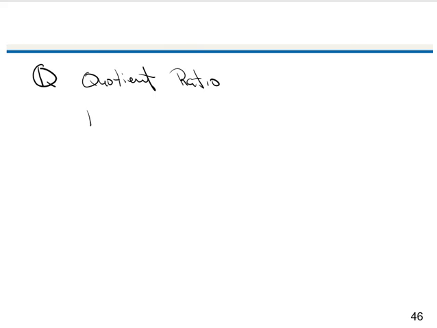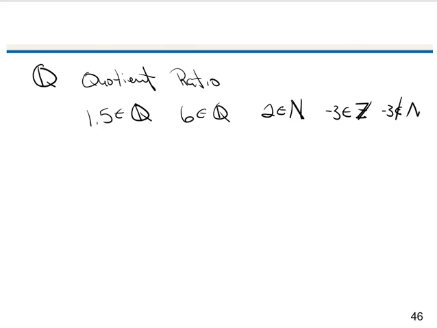We could say 1.5 is in Q. We could say 6 is also in Q. We already said things like 2 is in the natural numbers, and we also said that -3 is in Z, but -3 is not in N.